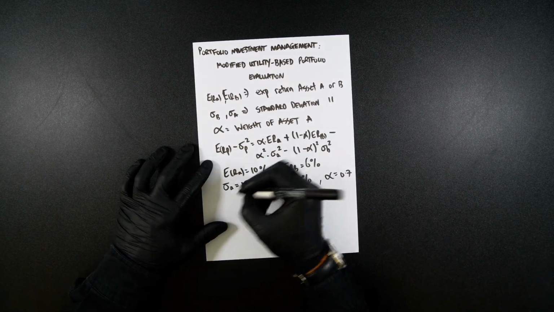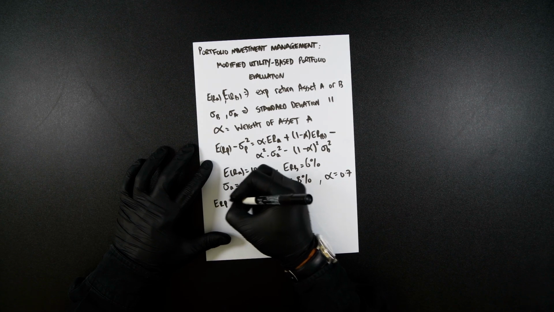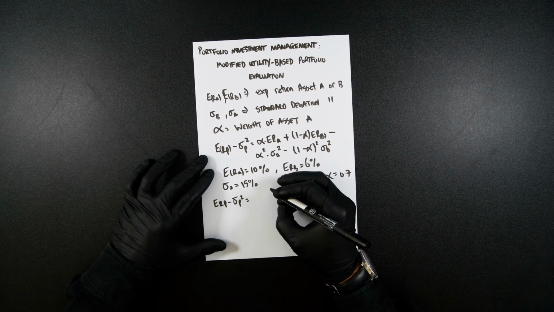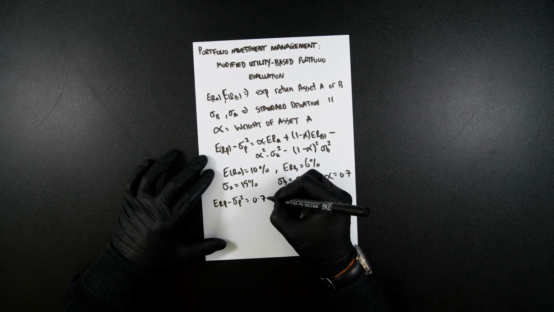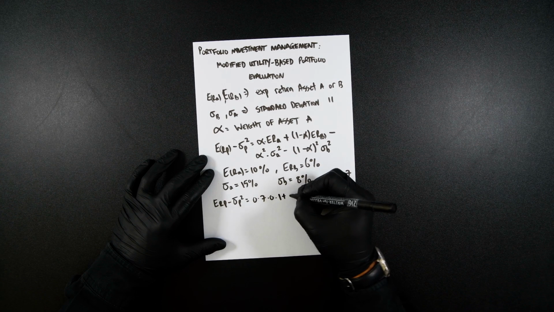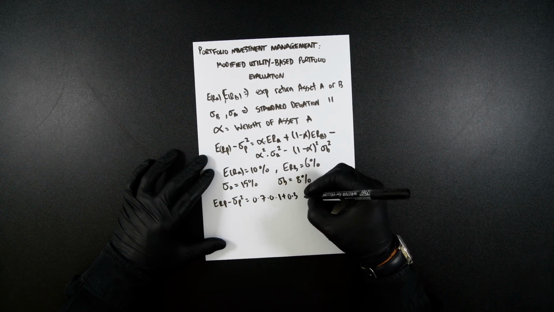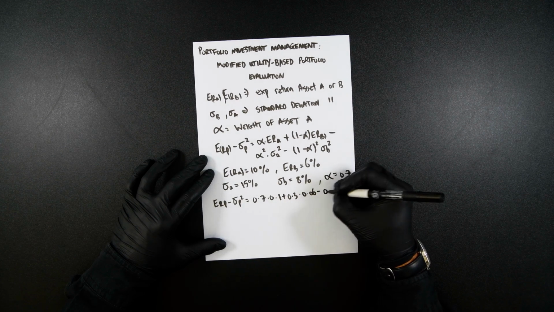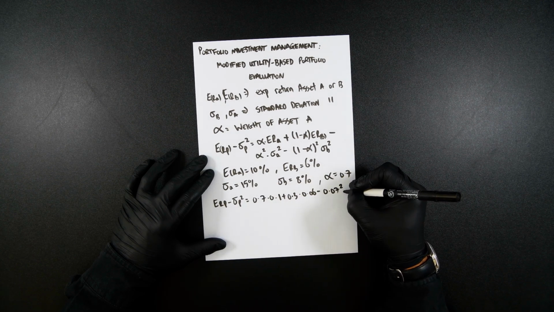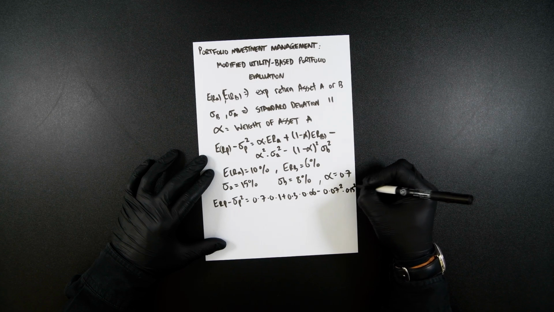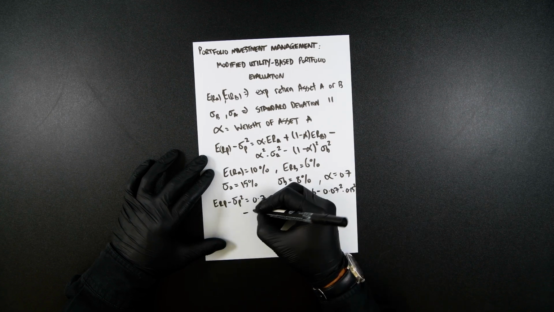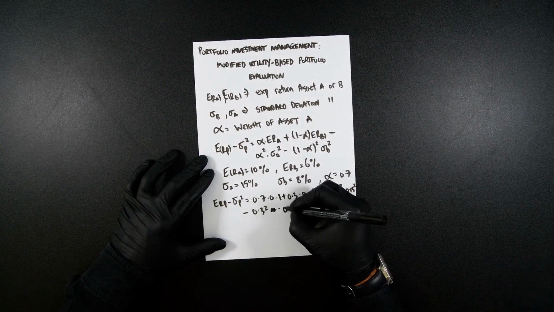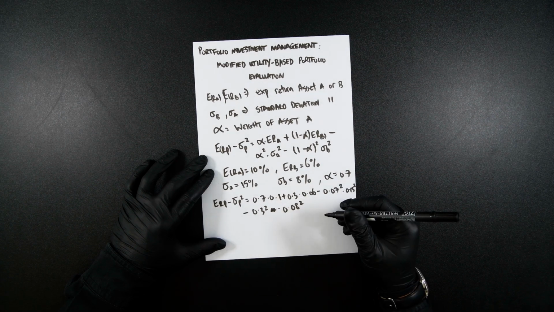So if you now plug this all in, you're going to get ERP minus sigma P squared, which is going to be 0.7 times 0.1 plus 0.3 times 0.06 minus 0.7 squared times 0.15 squared minus 0.3 squared multiplied by 0.08 squared.